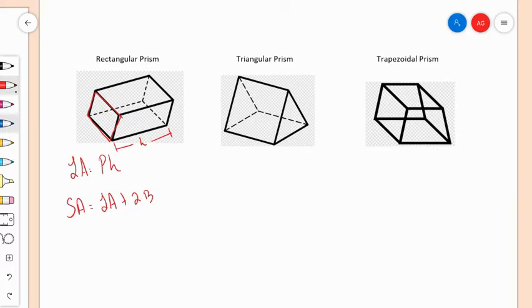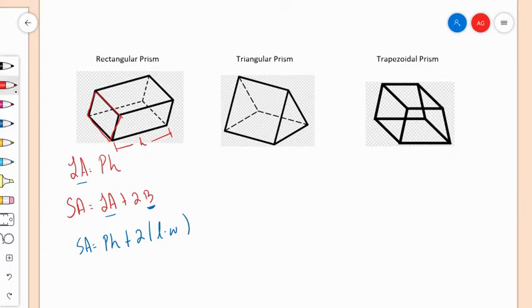So now, because the area of a base, which is an area of a rectangle, is just base times height, we have to be a little bit careful with our wording. So here, my lateral area was perimeter times height. My area of the base is length times width, or base times height, however you want to say. But we have to be careful because this B represents area of the base.